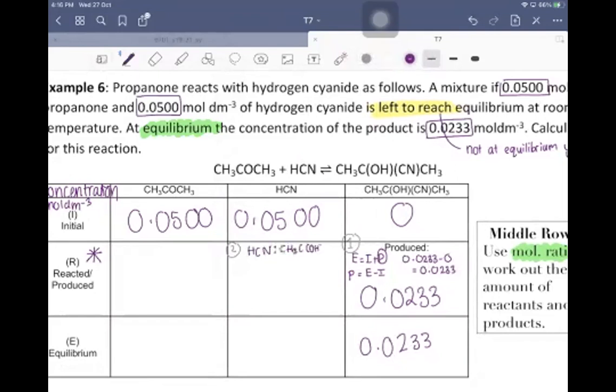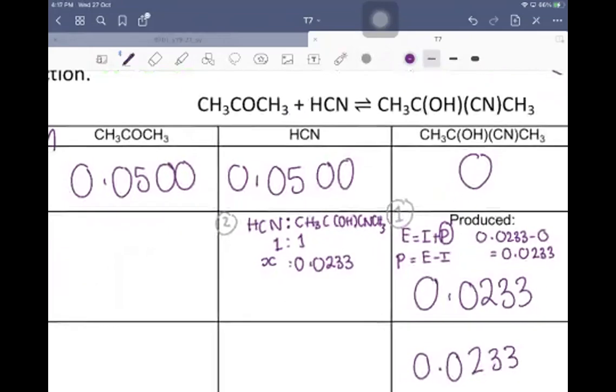If I have produced 0.0233 mole per dm cube of product, how many moles of HCN should have reacted? It's a 1:1 ratio, so that means it's the same.